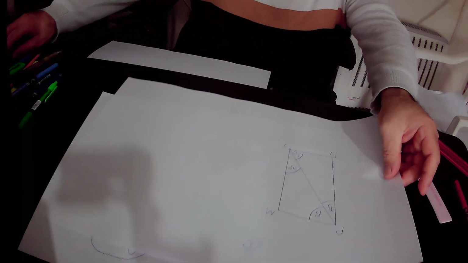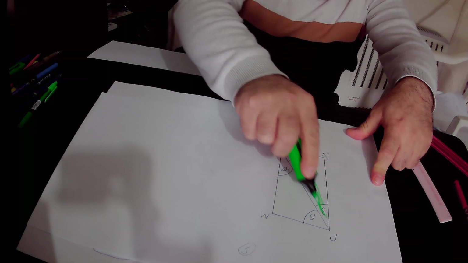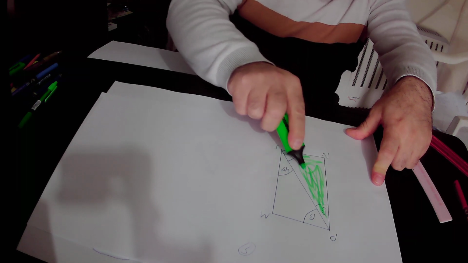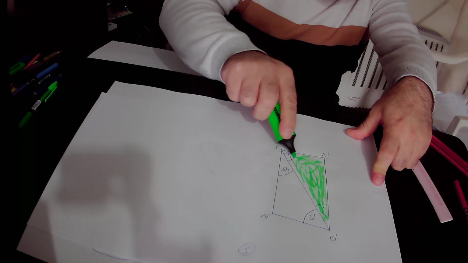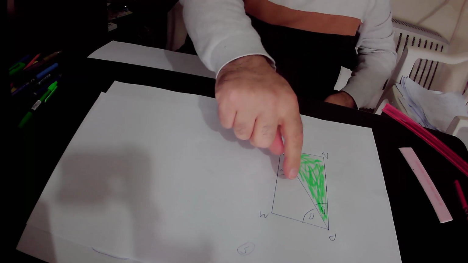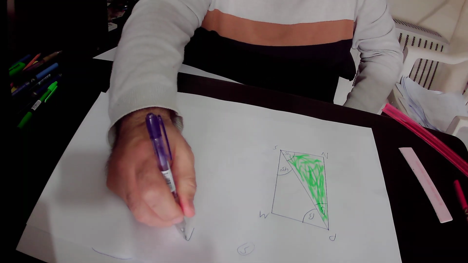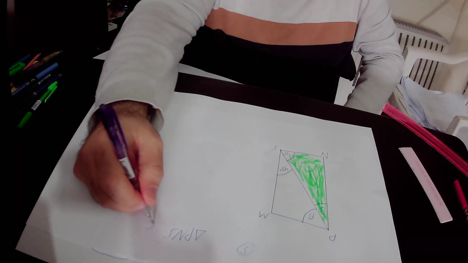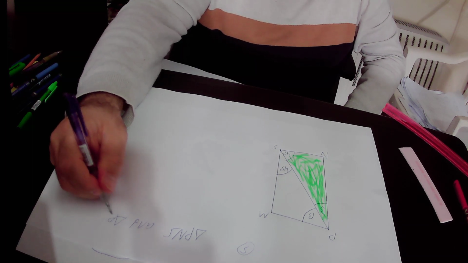So we will prove the triangle PNS, the green triangle, is congruent to the white triangle, triangle PMS. So I will write it down. The green triangle, triangle PNS, is congruent to the white triangle, triangle PMS.